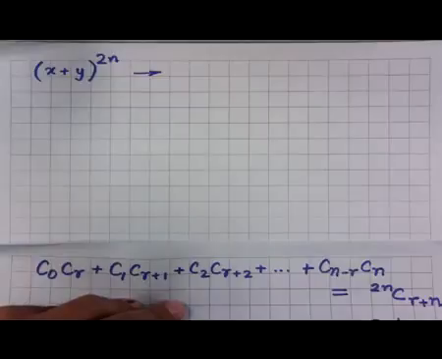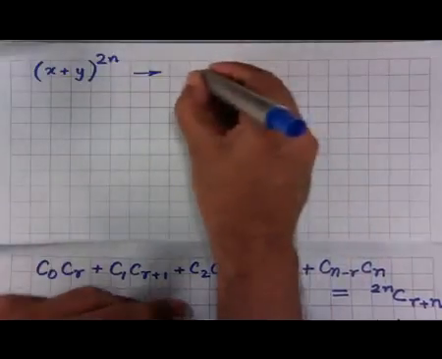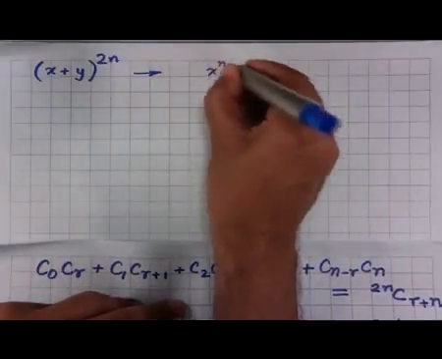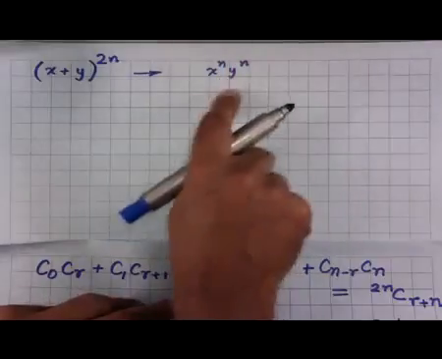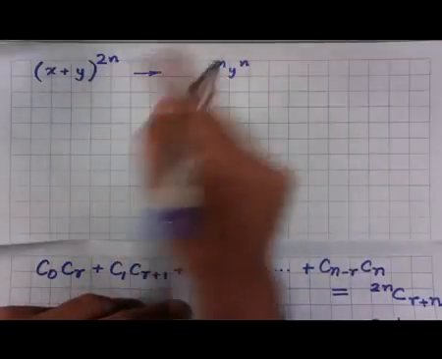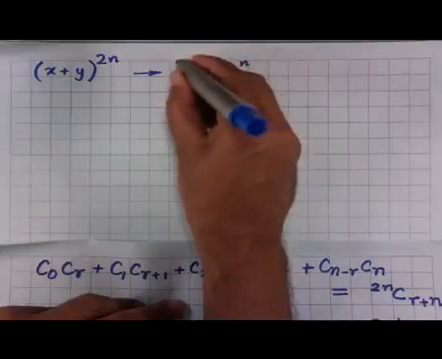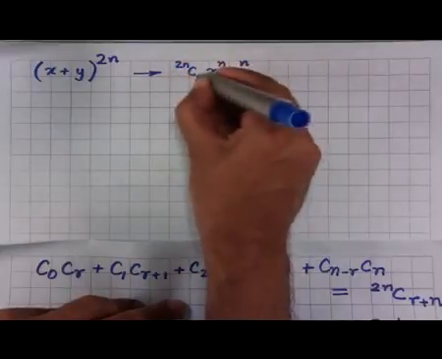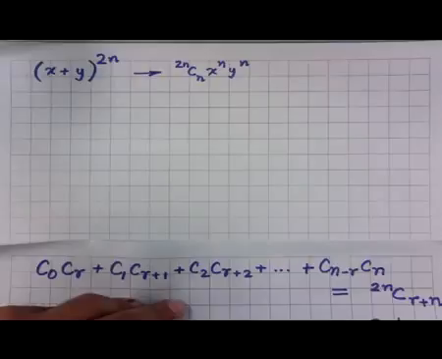Which one are you looking for? For example, x^n y^n will be a term inside this, and that will have a coefficient of 2nCn. But that is not 2nC(n+r).